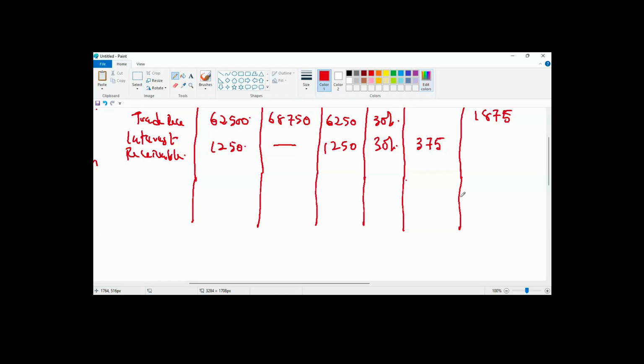IAS 12 gives guidance on how to treat current and deferred tax for all the world. It does not understand your tax law. It just takes all those things that are common. Provision for bad debts, either specific or general, is a Nigeria issue. It is not UK.